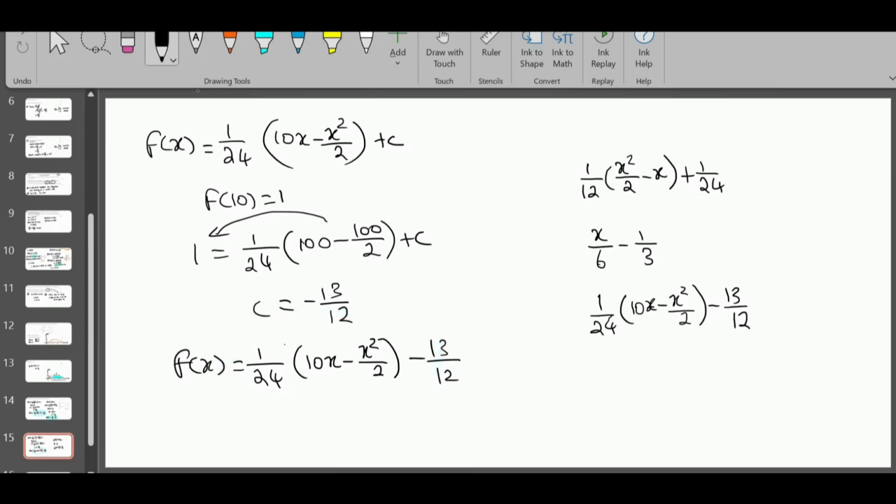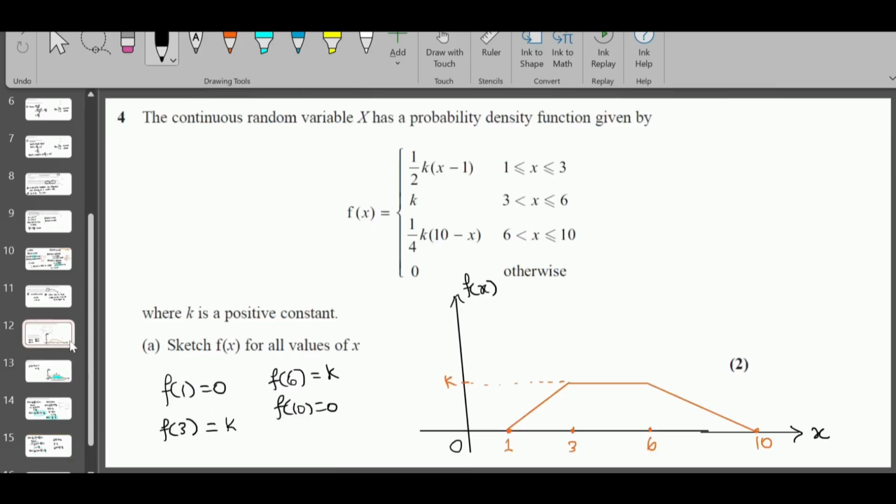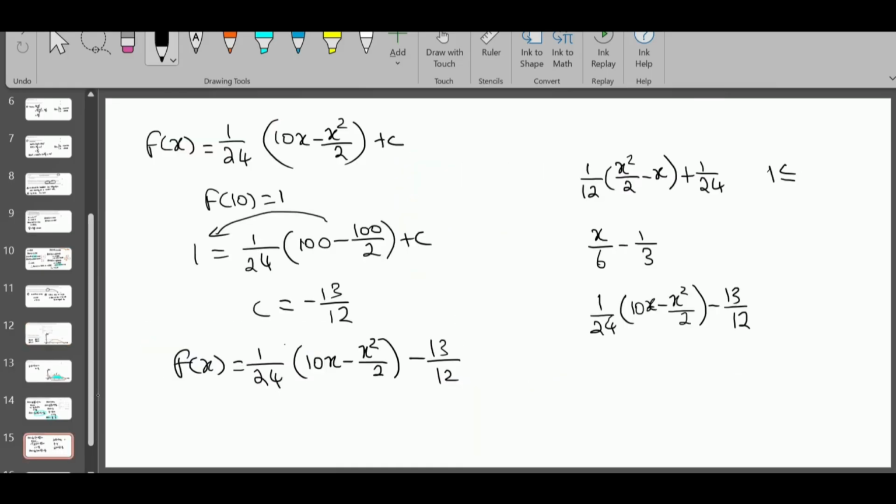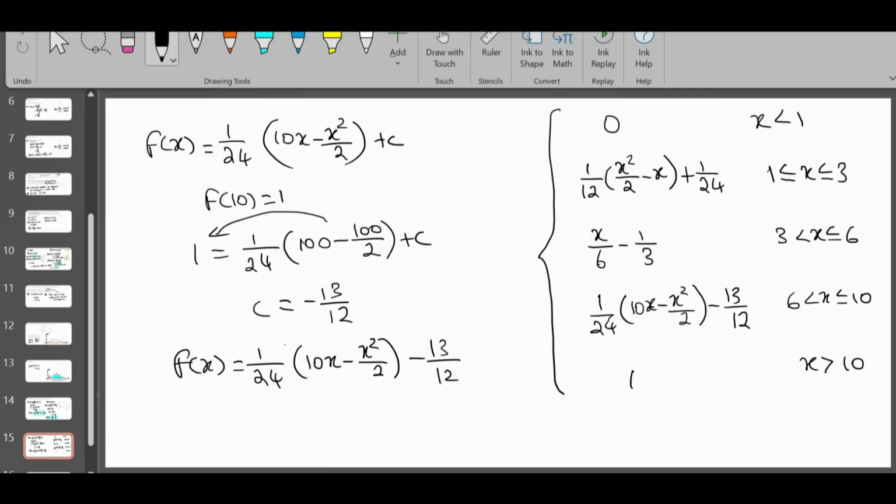Write the same limits as before: 1 to 3, 3 to 6, 6 to 10. And then 1 for x greater than 10, 0 for x less than 1. You put this curly bracket covering everything. That's our F of x.